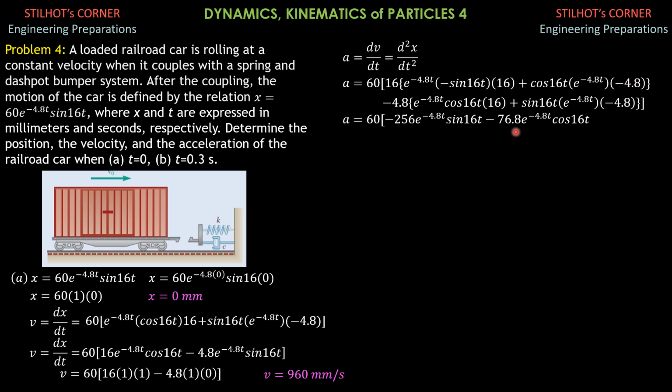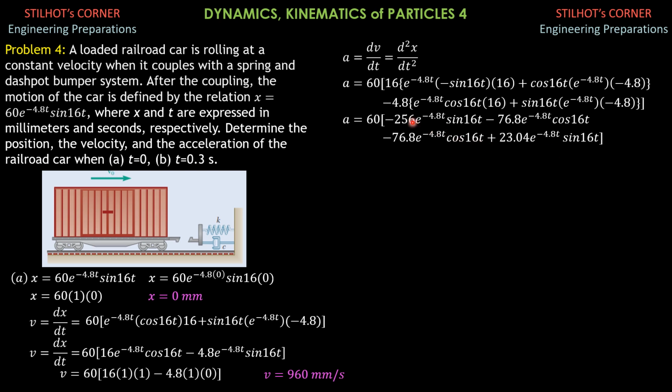So negative 76.8 e to the negative 4.8t times cosine 16t. Negative 4.8 times 16 is the same, negative 76.8 e to the negative 4.8t cosine of 16t. Then negative 4.8 times negative 4.8 is positive 23.04 e to the negative 4.8t sine of 16t.